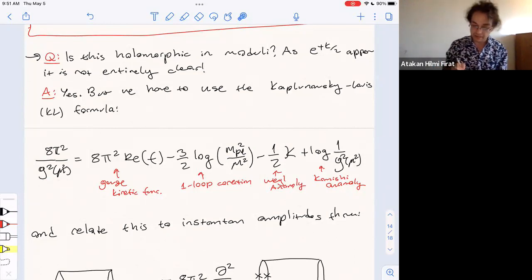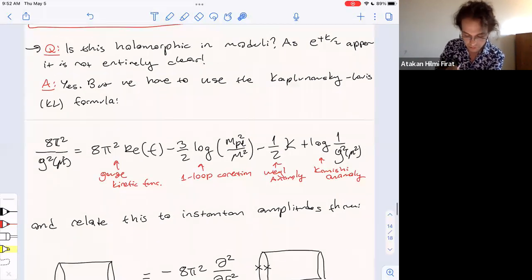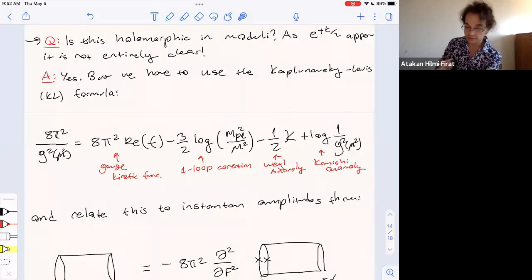When there's no gravity, we know it's one loop exact, at least the holomorphic gauge coupling, and this is this part. But if you couple to gravity and make a supergravity theory, you need to add this additional term that takes care of the Weyl anomaly and Konishi anomaly. This is a standard result in supergravity, and this is the first formula that we have to use.